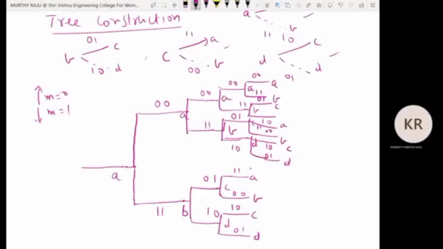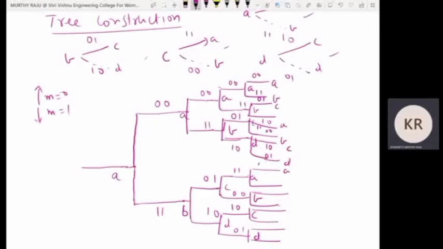Next one. Here also two possibilities are there. A to A is 0 0, A to B is 1 1, B to C is 0 1, B to D is 1 0.